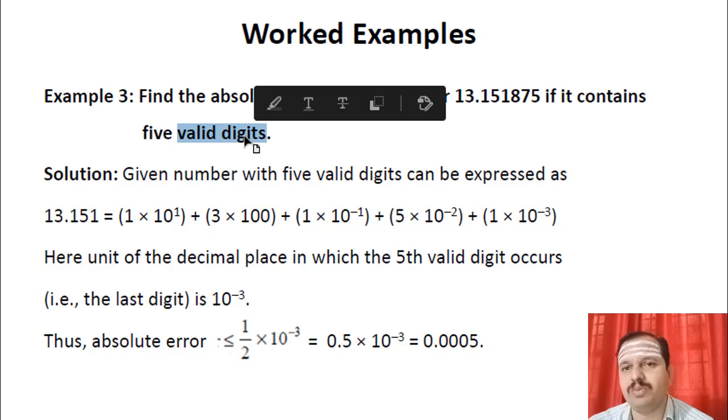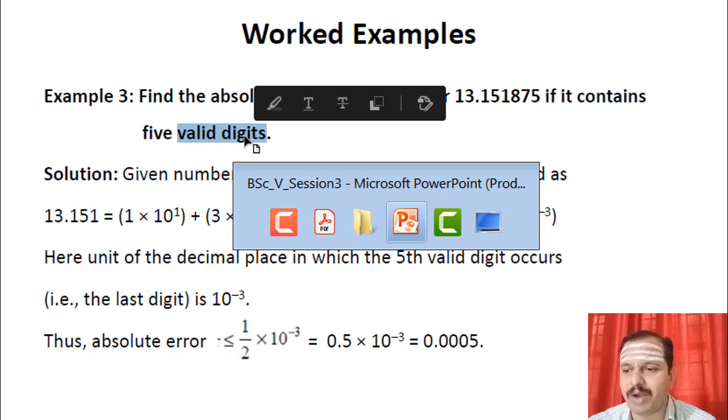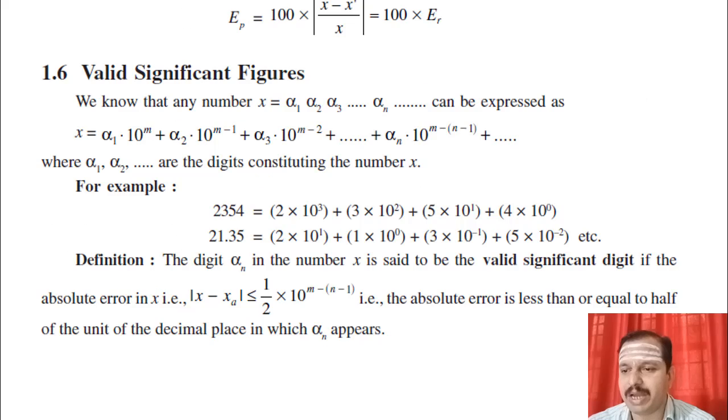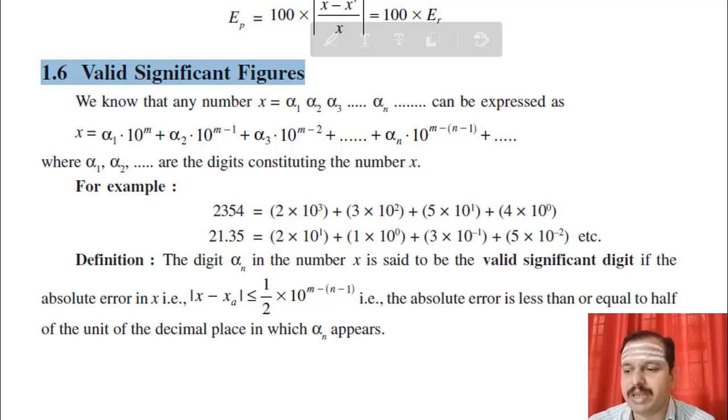In order to understand a valid significant digit, I would like to explain something to you at this moment. This is a new concept I am going to define, that is valid significant digit.